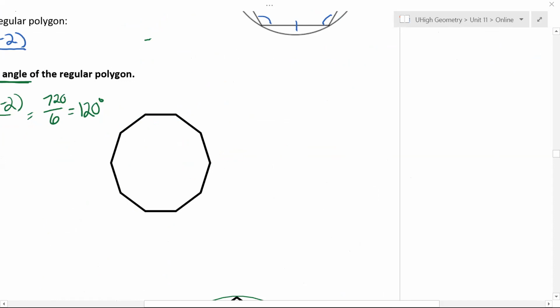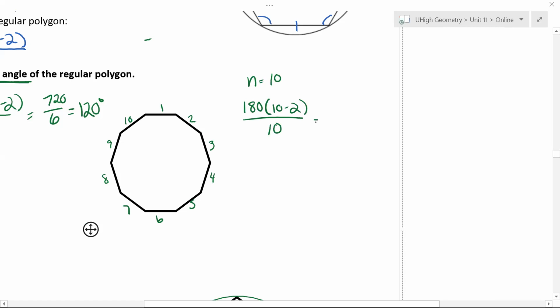For the second one, again, I'm going to start by counting my number of sides: 1, 2, 3, 4, 5, 6, 7, 8, 9, and 10. So I have 180 times 10 minus 2, divided by my number of sides. 180 times 8 is 1,440, and then I'm dividing by 10, so each angle is 144 degrees.